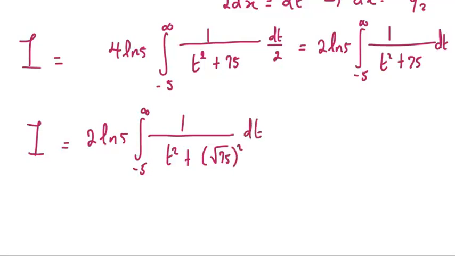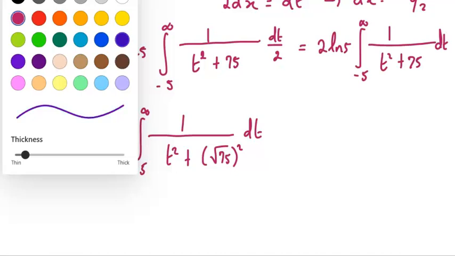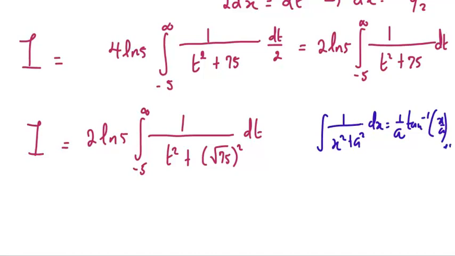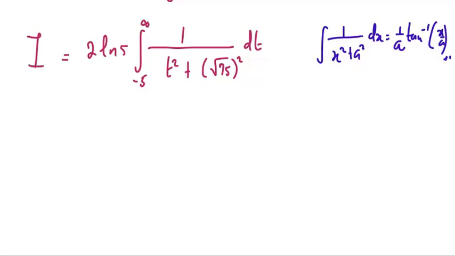Then we recall this standard integral formula. So the integral of 1 all over x squared plus a squared dx is equal to 1 over a multiplied by the inverse tangent of x over a, then plus c. So use that identity there.